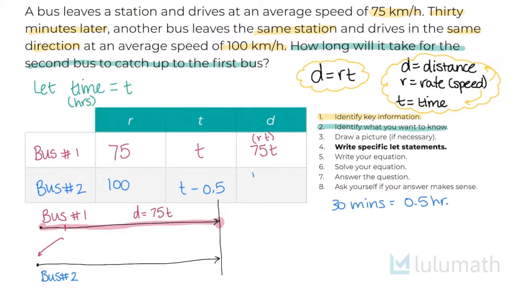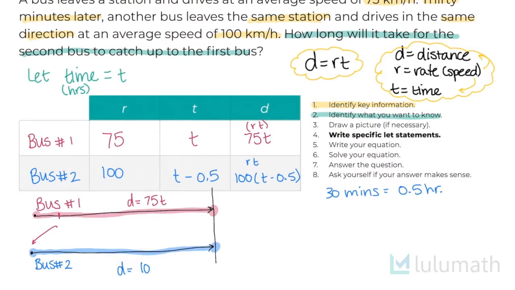Making the distance being rate times time, the rate is 100. And then the time is this t minus 0.5, but we have to put this in brackets because it's 100 multiplied by the full time, which is t minus 0.5. So we know that the total distance that bus number 2 has gone is equal to 100 times t minus 0.5. And we'll call this D2 for bus number 2's distance, and we'll call this D1 for bus number 1's distance.